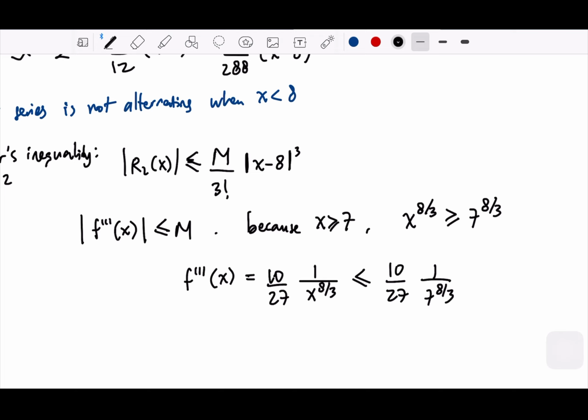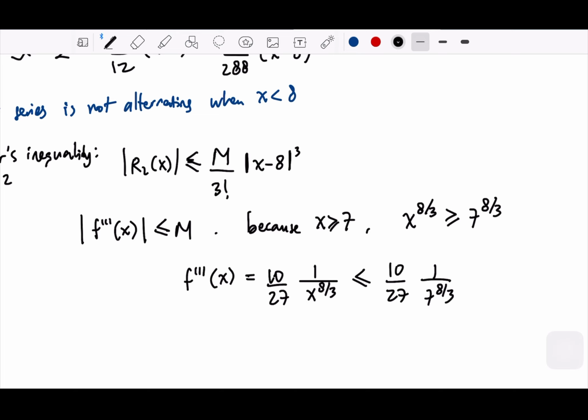And since we have 7 as our basic interval from 7 to 9, we take the minimum of x. So if we have x to the 8 over 3 greater than or equal to 7 to the 8 over 3, this is from the third derivative. So this should be less than or equal to the number we get by applying the interval of x.